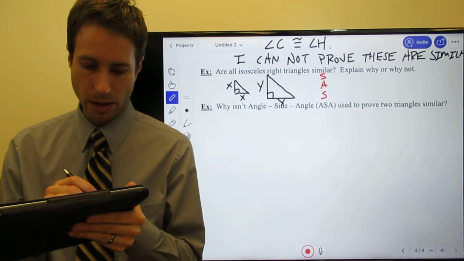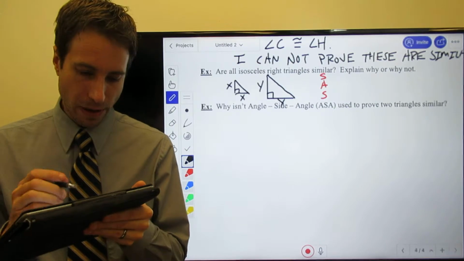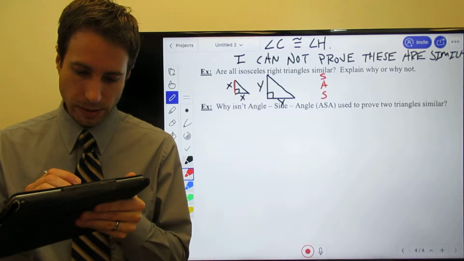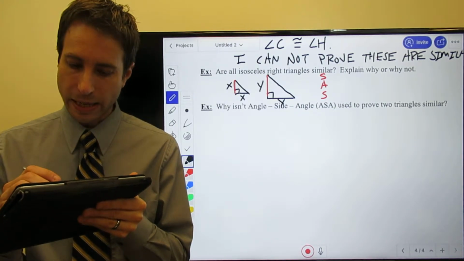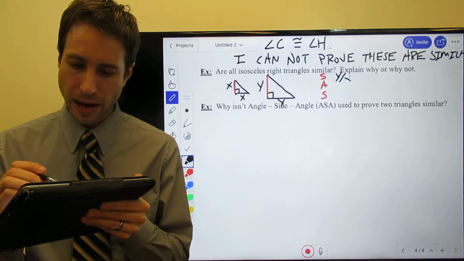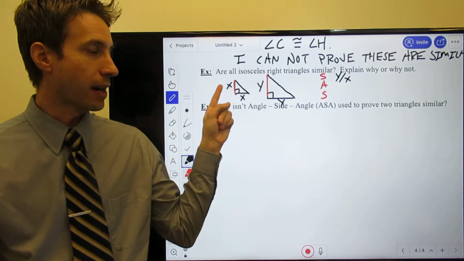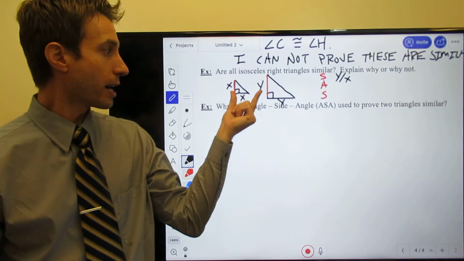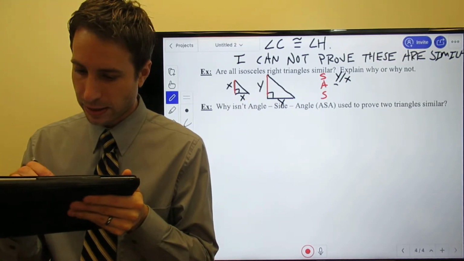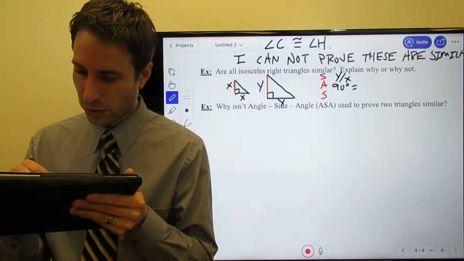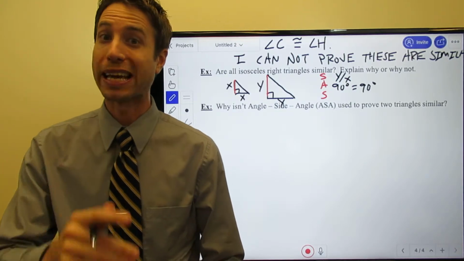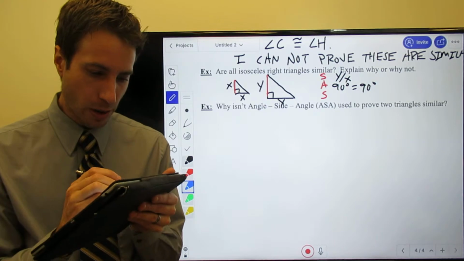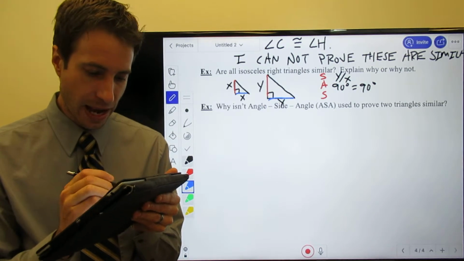Well, okay, awesome. I have corresponding sides, which are going to be y over x, y divided by x. Just set up the ratio. Do I have a corresponding angle? Sure I do. They're both 90 degrees. 90 is equal to 90. Ooh, we're getting close. I just need one more side. Here are corresponding sides there and there.